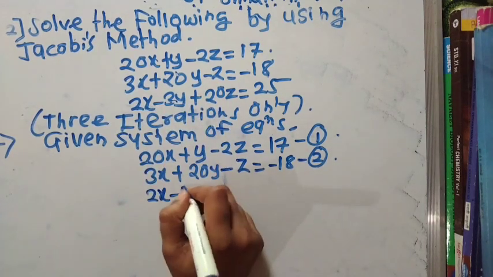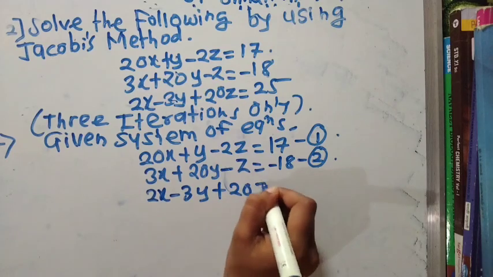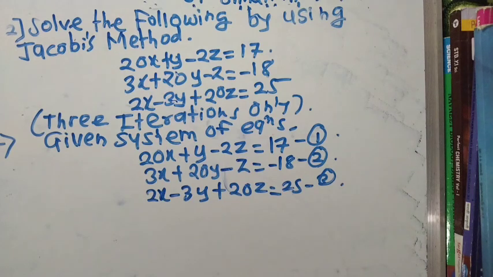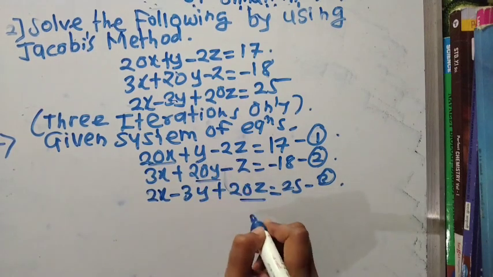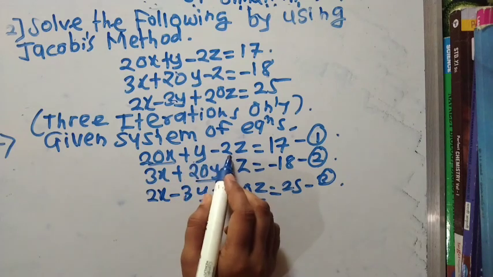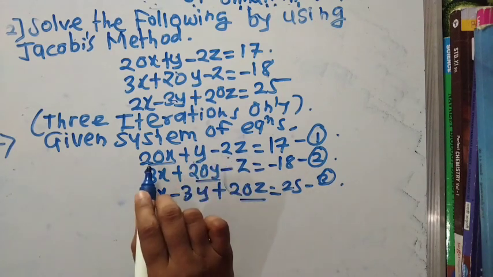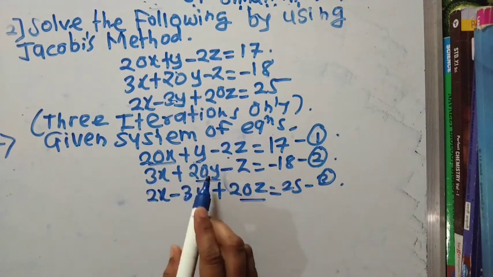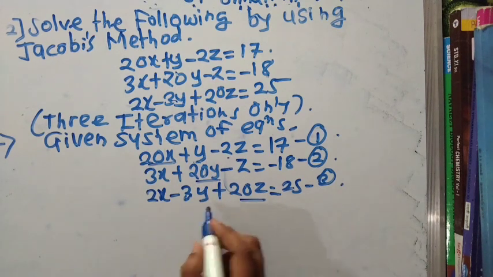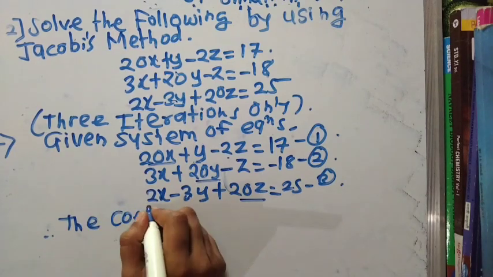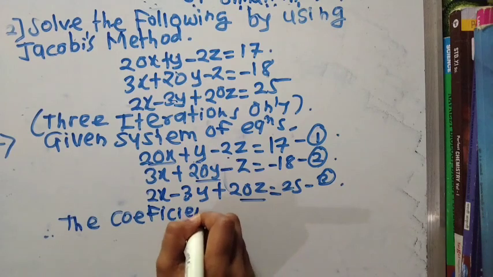Then 2x minus 3y plus 20z. Then to check whether it is diagonally dominant: first 20, 20y, 20z. Here the coefficients are 1 and minus 2, so 1 and 2 are less than 20. Then here 3 and 1 are less than 20, and 2 and 3 are less than 20. So the coefficient matrix is diagonally dominant.